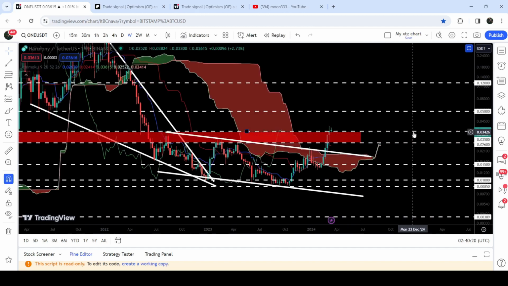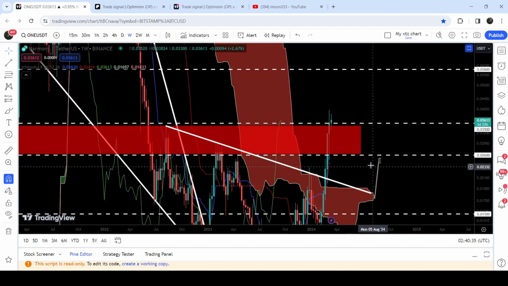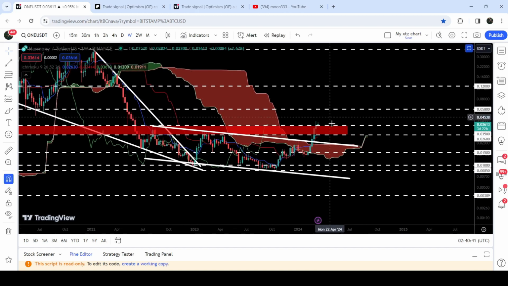And at the same time, we have also broken out this very huge resistance of the Ichimoku bearish cloud as well. When we were breaking out this cloud here, at that time, I was telling you that soon this cloud can be flipped into a bullish cloud, and now you can see that it is completely flipped into a bullish cloud. The color is changed from red to green. Therefore, now it can also work as a long-term support for the price line of Harmony One.